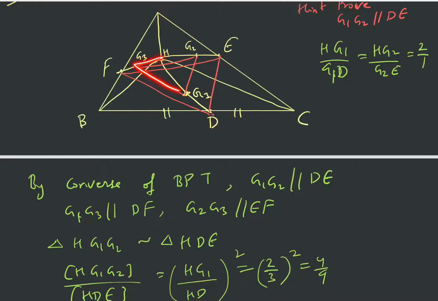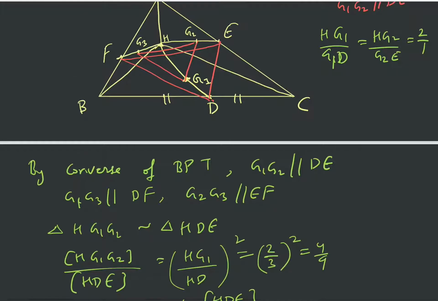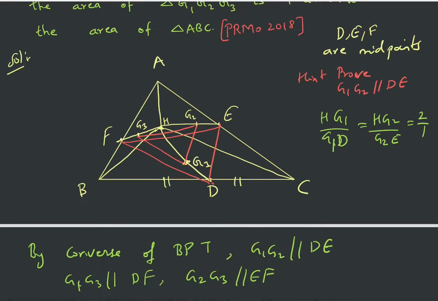In a similar way, the area of HG1G3 is 4 by 9 the area of HFD. Also in a similar way, the area of HG3G2 is 4 by 9 the area of HFE.